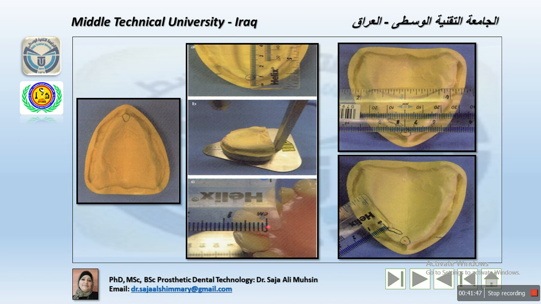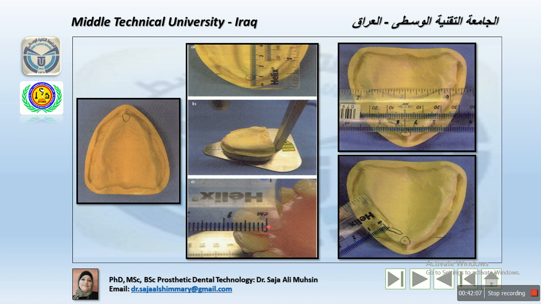Similarly, the labial surface of the canine is approximately 10 millimeters from the edge of the first rugal fold as an average position. As we notice in the image, for example, on the right side, the upper one is to locate the canine.